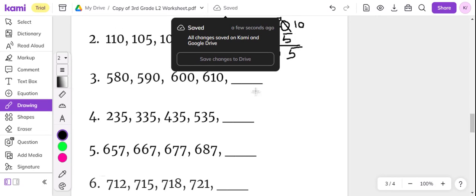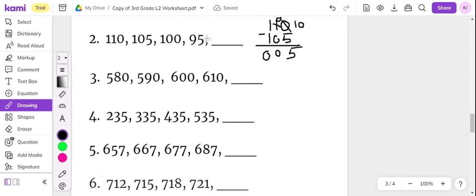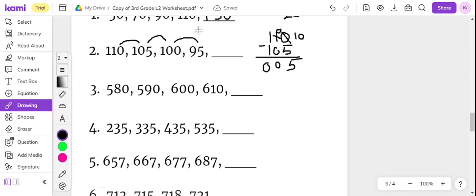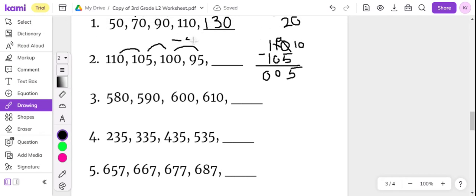We are subtracting 5 each time a number goes down. So minus 5. So if we have 95 and we subtract it by 5, we would get 90. Let's write that neater. There we go.